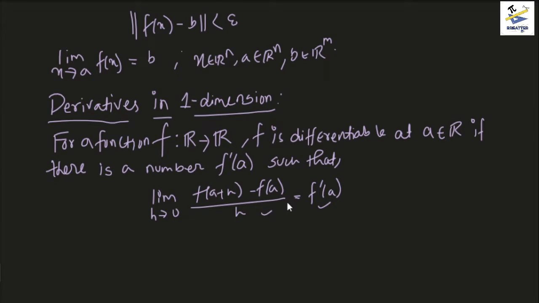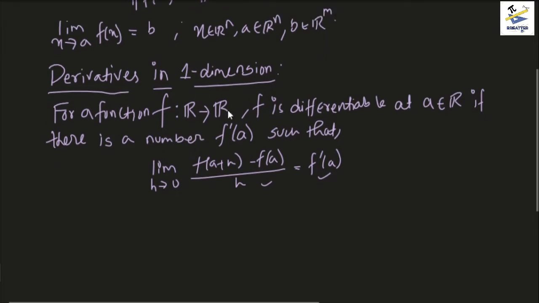Now, what happens when we switch this definition from this lower dimension to the higher dimensions, where we are no longer concerned with R to R, rather we are looking at functions from R^n to R^m?